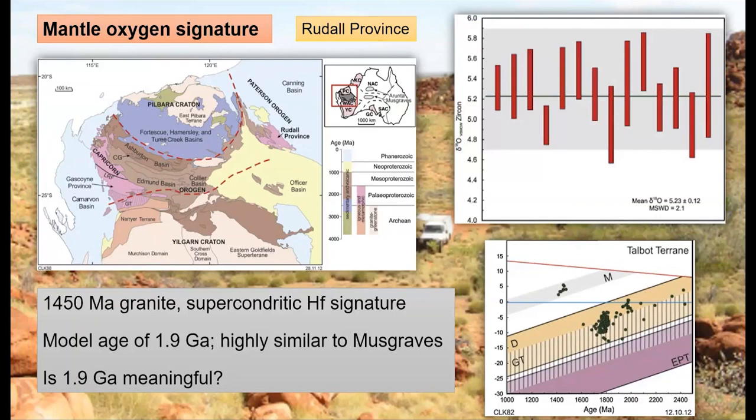So an interesting question is, do these hafnium isotopic data simply reflect a mixture between something that is more evolved and something that is more juvenile, or do they truly reflect something that falls along this sort of evolution array? Because if they do, that fits with the Musgraves, suggesting some sort of source connection to that region.